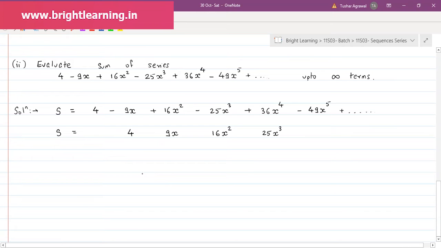Correct. So instead of writing the sequence S as it is and shifting it one step ahead, I will multiply by x. I will write x multiplied by S. So this sequence becomes 4 into x, this becomes 9x square, the sign I will adjust, this will become 16x cube, this will be 25x to the power 4, here it will be 36x to the power 5 and so on.